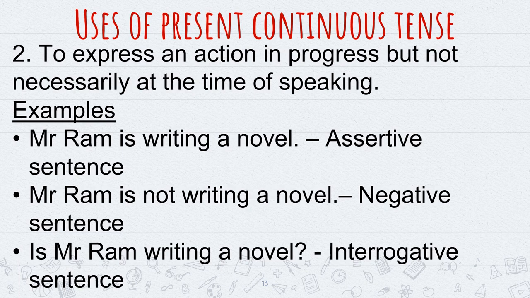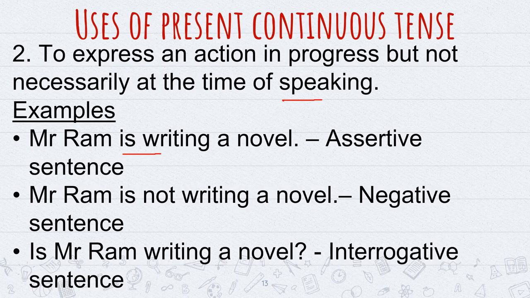Now, the second use of present continuous tense is that it is used to express an action in progress but not necessarily at the time of speaking. For example, Mr. Ram is writing a novel. This means that he has started the novel but not finished yet. At this moment, he may be doing something else.